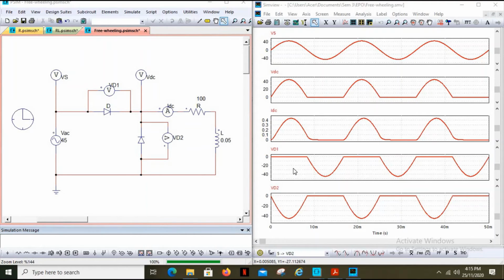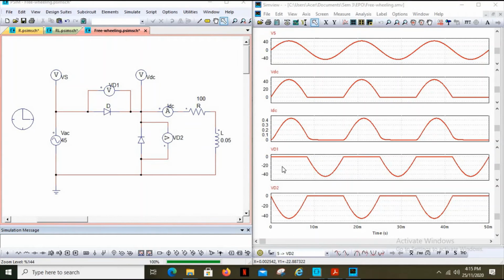In the positive half cycle, VDC or V output has a value, while in the negative half cycle it does not have a value, same as I output.